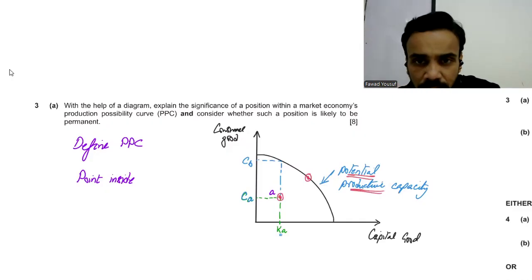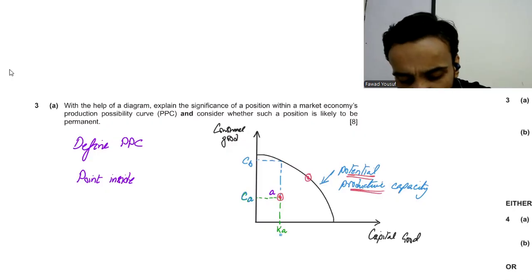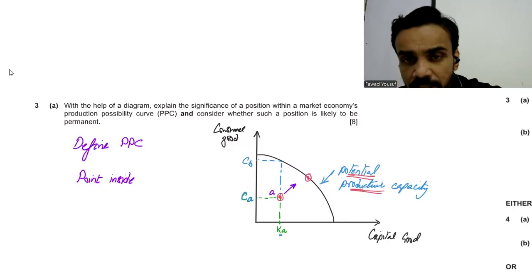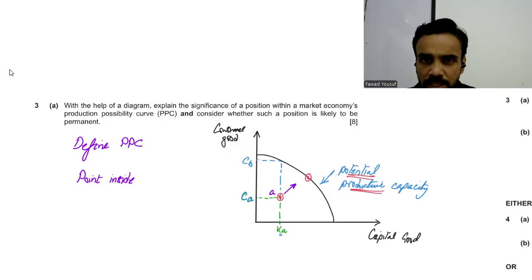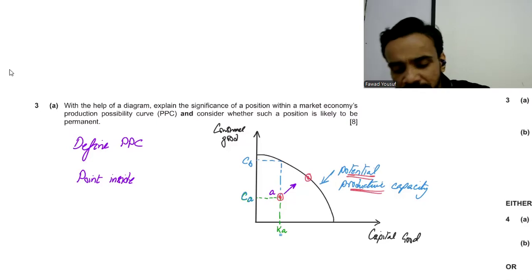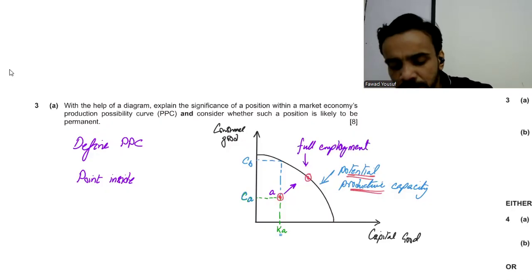Is this a permanent situation? No, of course not. If an economy utilizes its resources more, then an economy will move towards the potential. And if it reaches full employment of resources, right?